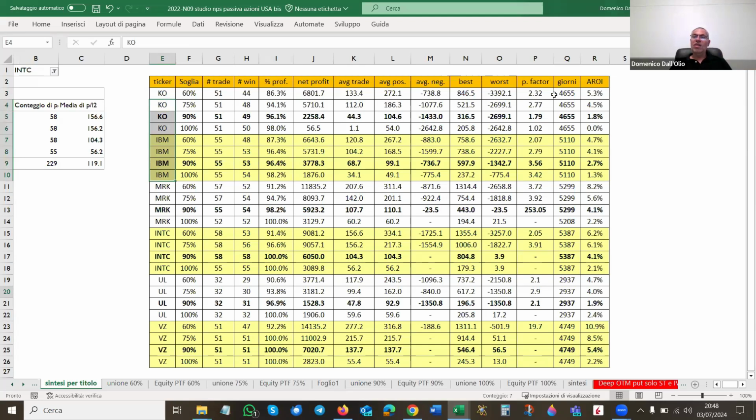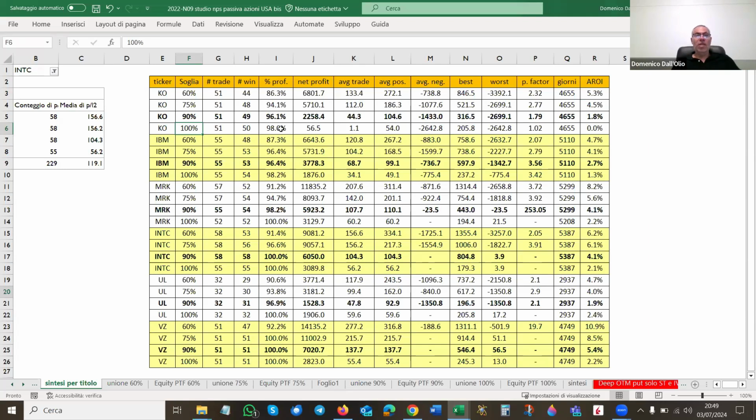I know that these returns are not very interesting, but my goal was to find the best compromise, having the best probability readings and the best results in terms of the profit factor mainly, and the average trade. Because you can see if you pick the 100% threshold for all the probabilistic readings, you have a 98% real rate of success.